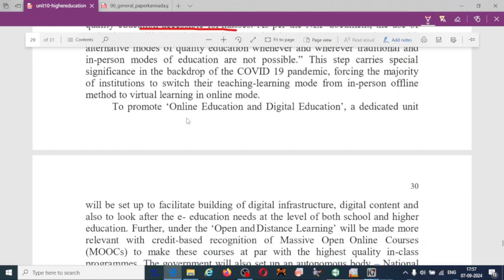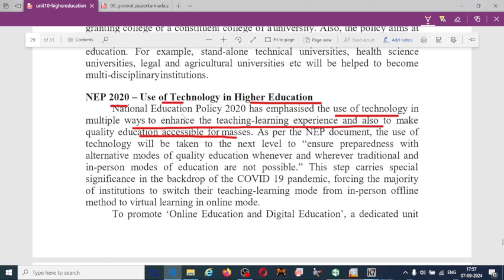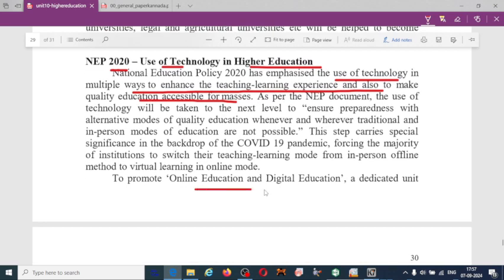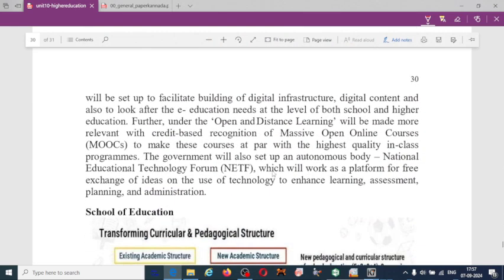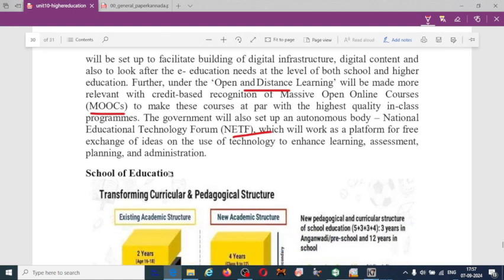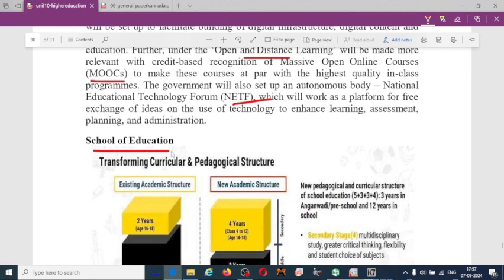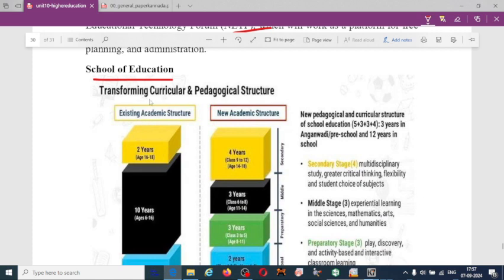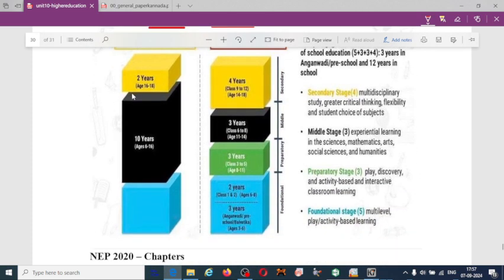There are different ways to promote higher education using technology: online education, digital education, open and distance learning, MOOCs, NETF, and School of Education.